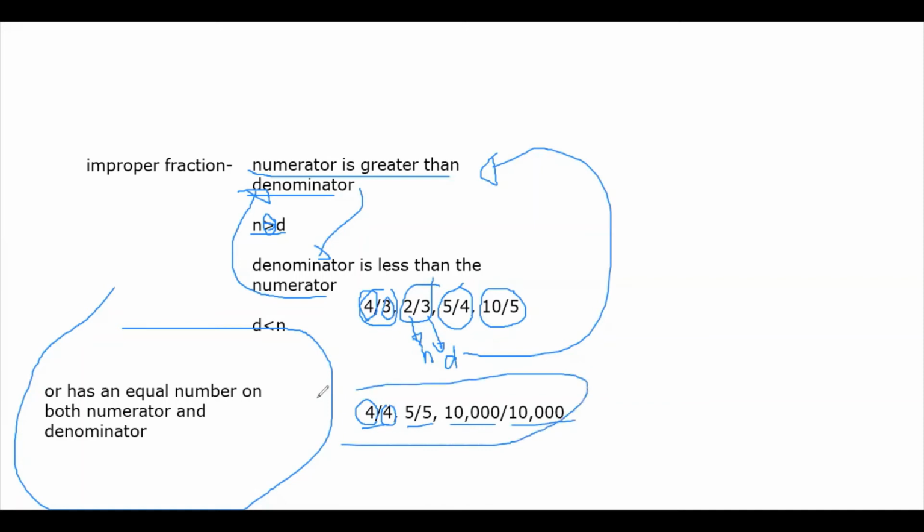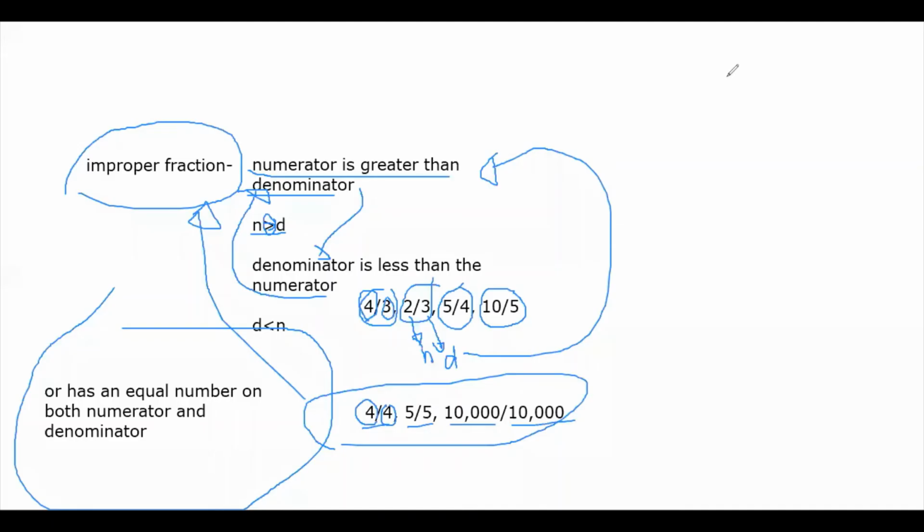All of these are part of the so-called improper fractions. If the numerator and denominator are equal, or the numerator is greater than the denominator, it's easy to identify that the fraction is improper. Nothing more, nothing less, ka-learners.